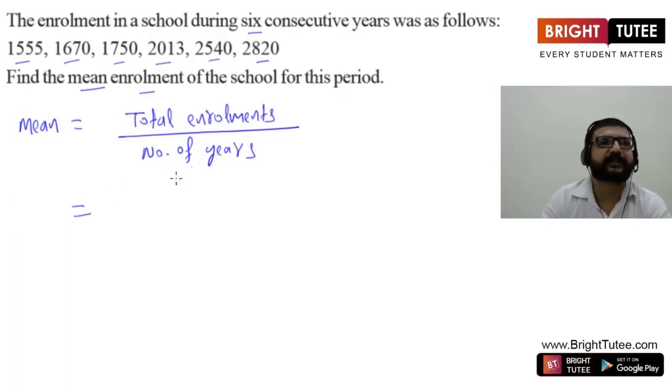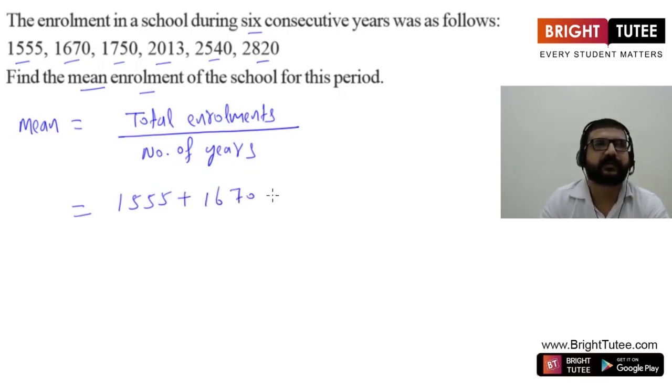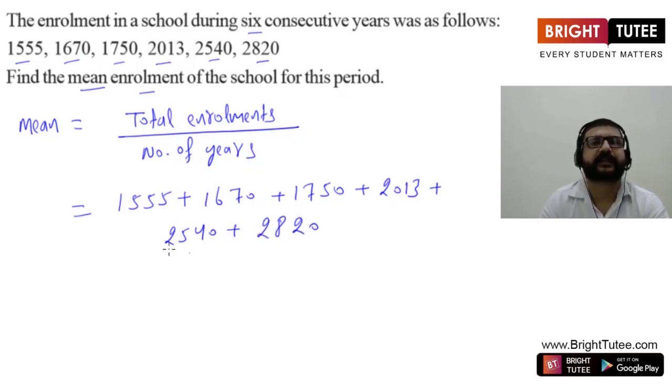Now total enrollments will be 1555 plus 1670 plus 1750 plus 2013 plus 2540 plus 2820. This will be divided by 6.